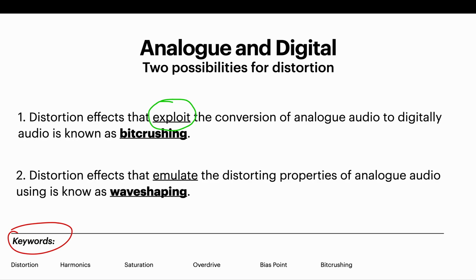The next one is about emulating, and emulating is taking that like overtone sound and moving this into what they call wave shaping. So these are two different types of distortion when you move from the analog world into the digital world.